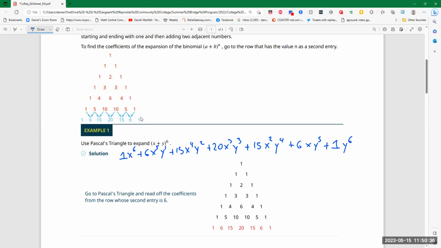And you know that we don't normally write coefficients of 1. So I'm going to get rid of those.